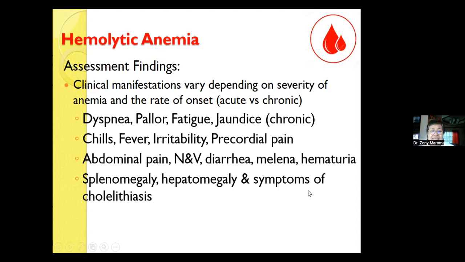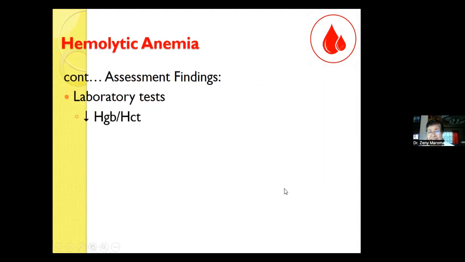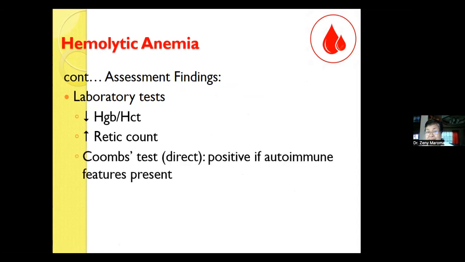Okay? So, laboratory test, syempre mababa pa rin ang hemoglobin hematocrit. Ngayon, there'll be body compensation, increased production of reticulocytes. Di ba, reticulocytes, sila yung nagmamature into red blood cell. Coombs test, positive if autoimmune features are present.